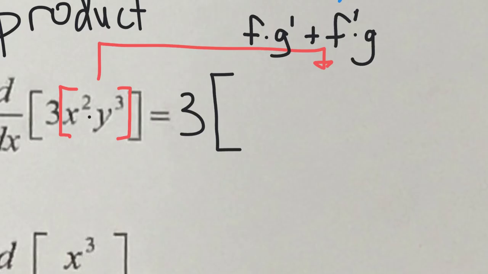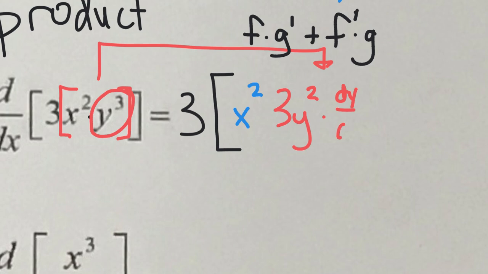So we have x squared, right? That's going to be our constant term, times what's the derivative of y cubed? 3y squared times dy/dx. Okay, so that's the derivative of x squared y cubed.